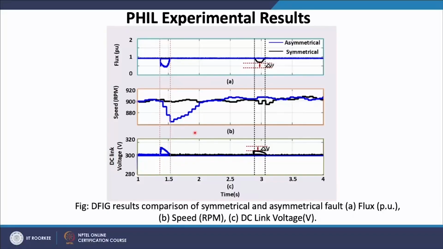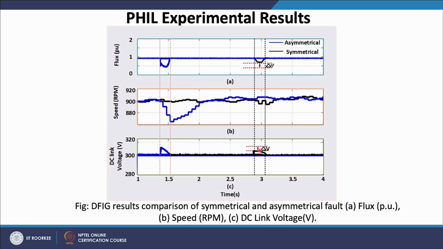A clear distinction between the symmetrical and asymmetrical fault is shown in the figures, which highlights the considerable difference in flux, speed of the rotor and DC link voltage variations.